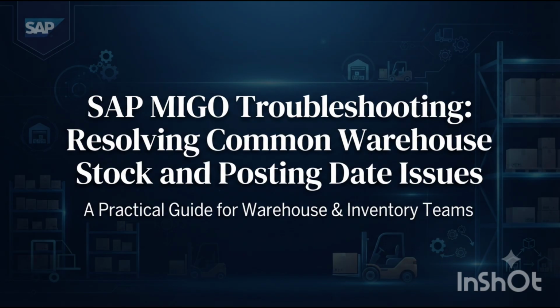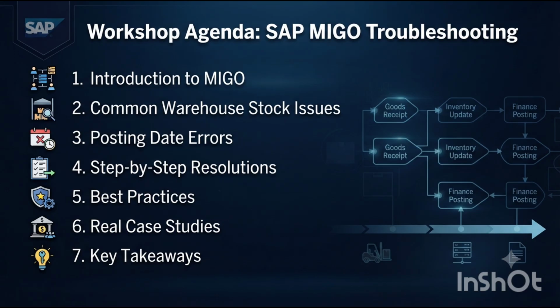Let's begin. Before we dive deep, let's quickly go through today's agenda. First, we will understand what SAP MIGO is and why it's so important. Then we will explore the most common warehouse stock issues and posting date errors that users face daily. After that, we will cover detailed step-by-step resolutions for these problems.